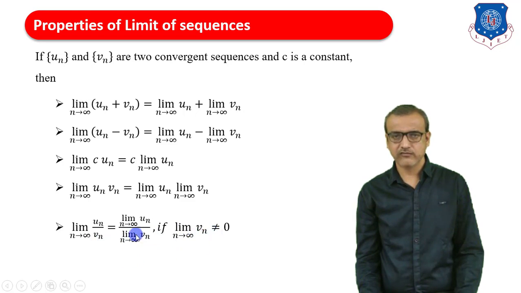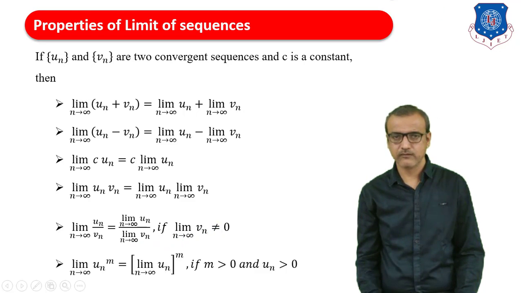You can write this one as this one only when limit n tends to infinite vn is not equals to 0. Limit n tends to infinite un to the power m equals limit n tends to infinite un, the whole to the power m, if m is greater than 0 and un is greater than 0. So these all are properties of limit of sequence.